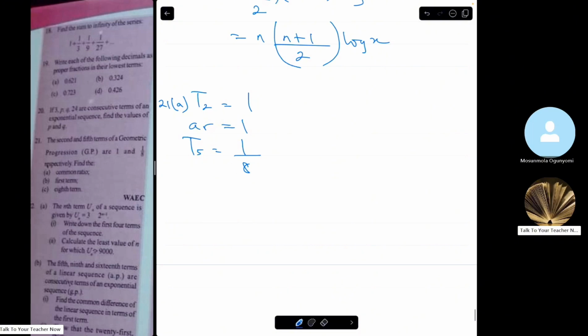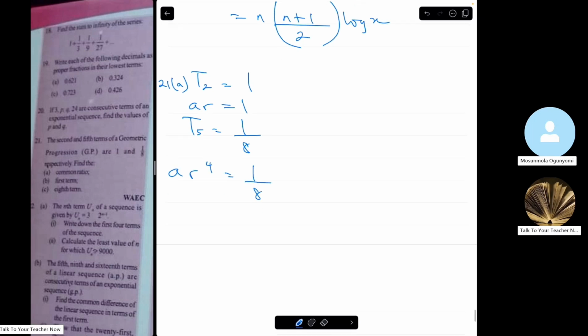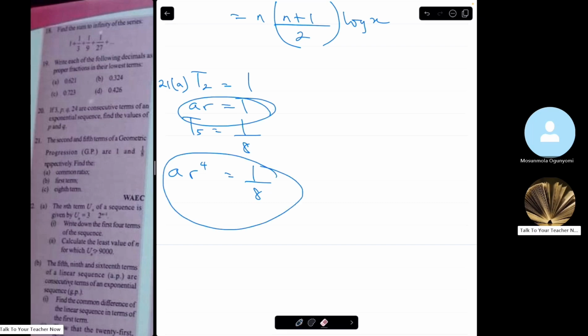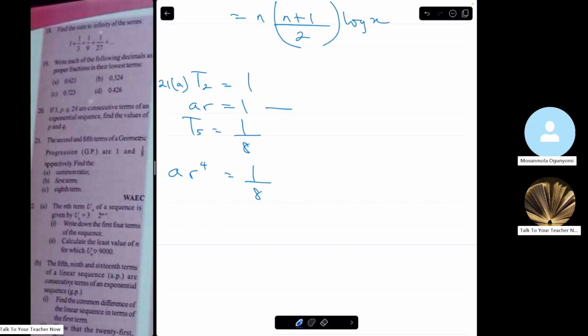Now, what's the formula for T5? AR raised power 4. If T5 is 1/8, that simply means AR raised power 4 equals 1/8. Beautiful. So, what can we do? There are many things you can do, but I want to divide equation 2 by 1. Let me call this equation 1.